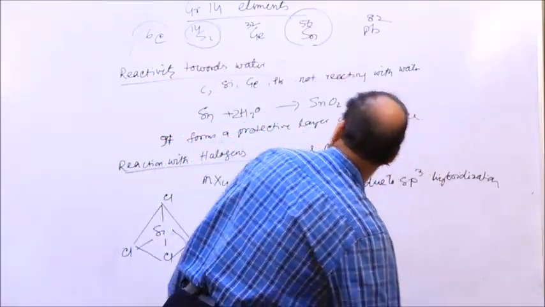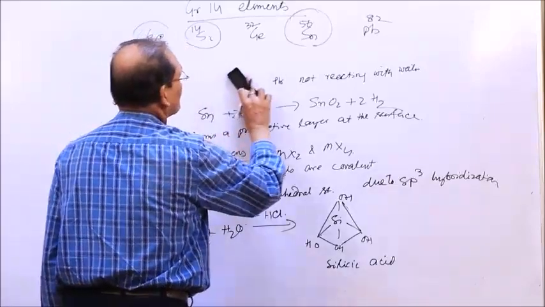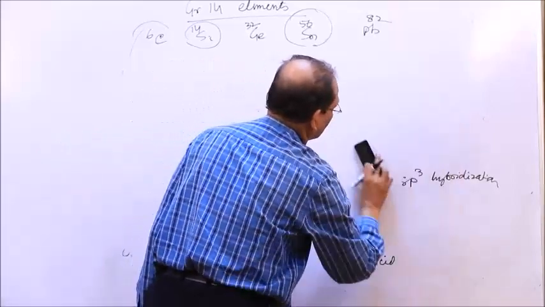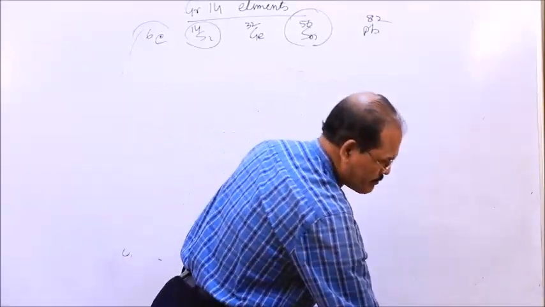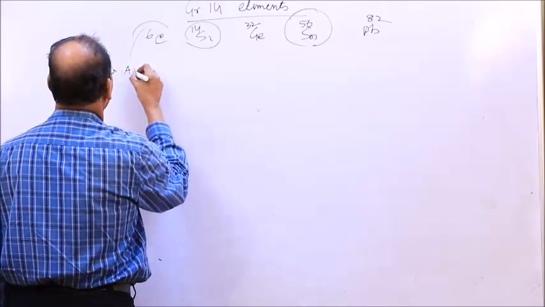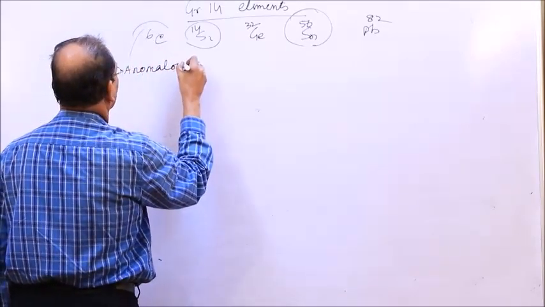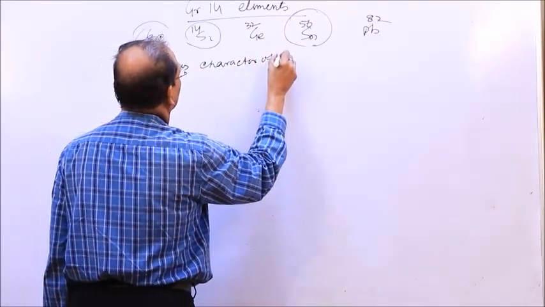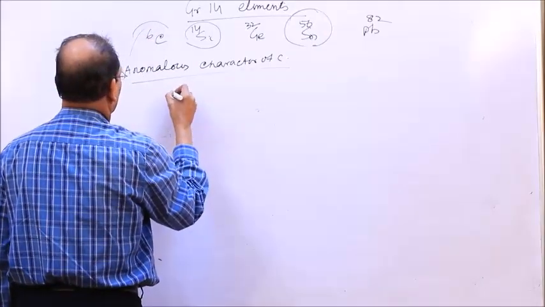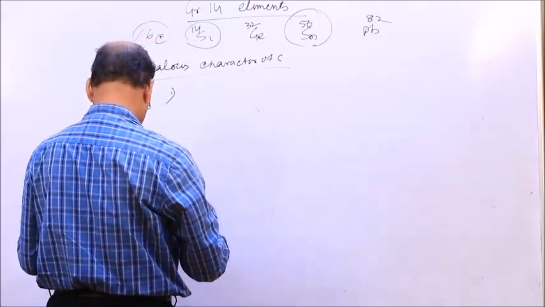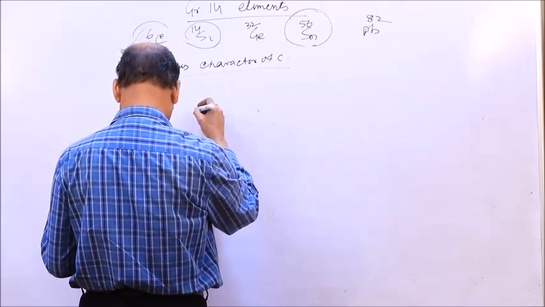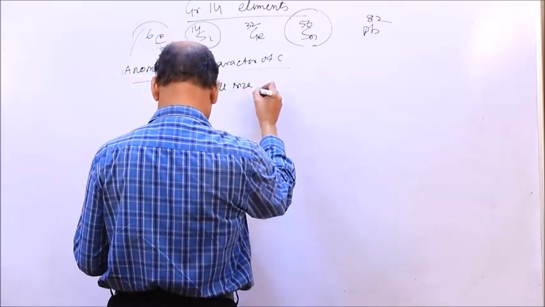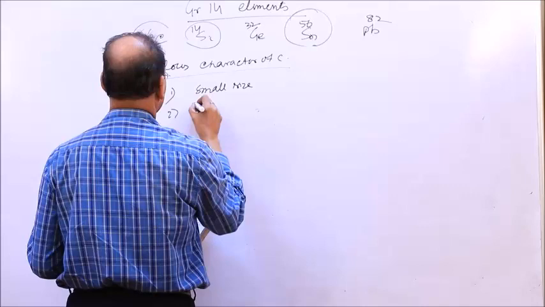Then the anomalous behavior of the carbon atom. Why is it different from the rest of the elements of the family? Anomalous character of carbon: first, it has very small size and high electronegativity.